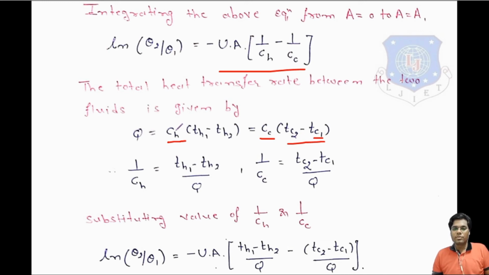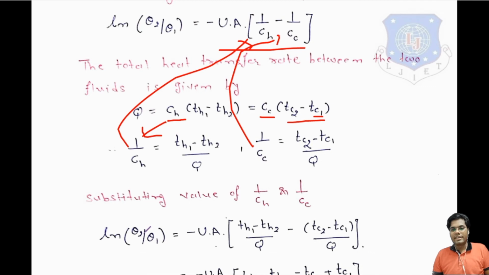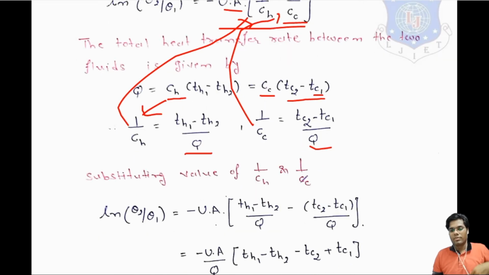From this equation we can write 1 upon Ch is equal to (Th1 minus Th2) upon Q, and from this equation 1 upon Cc is equal to (Tc2 minus Tc1) upon Q. Putting these values of 1 upon Ch and 1 upon Cc, we will get ln theta 2 by theta 1 equals minus UA, as it is, with these terms in place of 1 upon Ch and 1 upon Cc.